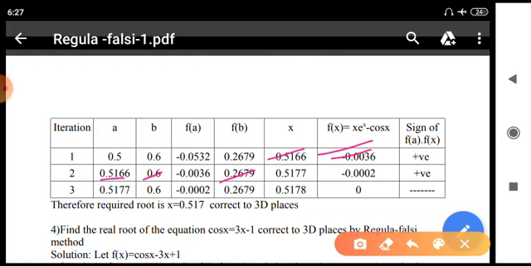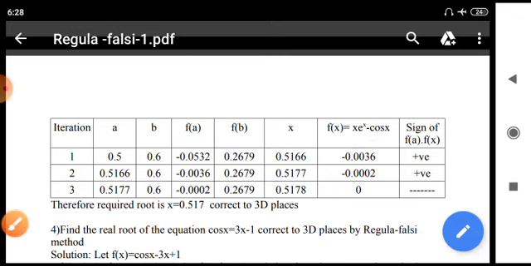Again, if you apply the formula, we get x as 0.5177. F of x, that is f of 0.5177, is minus 0.0002. You can see this is negative, negative, positive. Again, we will write the x value under the column a.